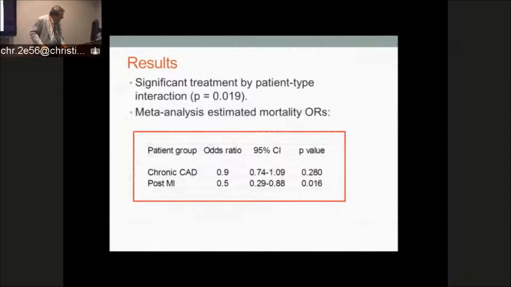It turns out that there was a significant patient type by treatment interaction, and so the odds ratios between the two groups show what is going on here: there's no difference for the chronic CAD patients. There's no benefit of PCI, but there is for the post-MI patients.